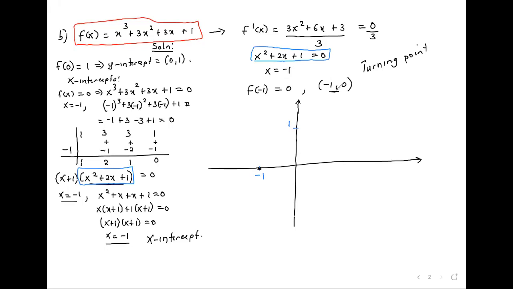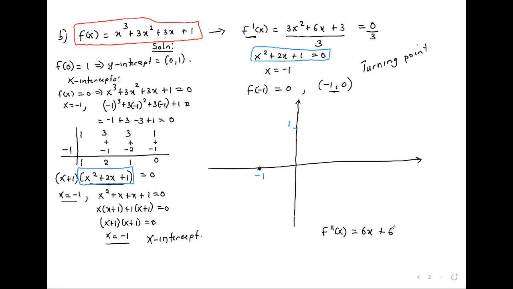I go back to my derivative and differentiate it again. So we're going to have f prime prime, meaning we differentiate the derivative that we have. We differentiate it again. So 2 by 3 will get 6x plus 6.